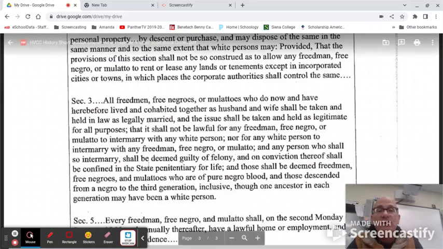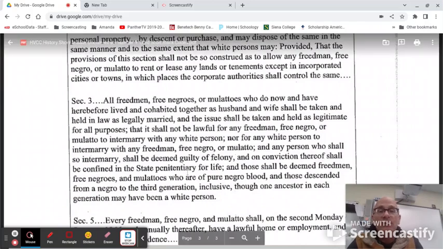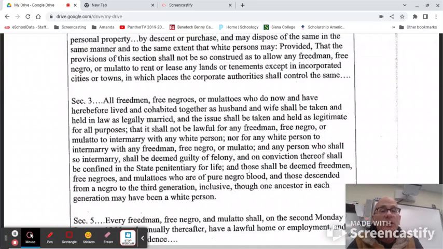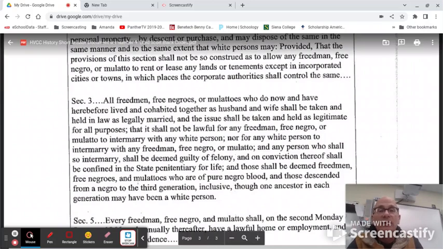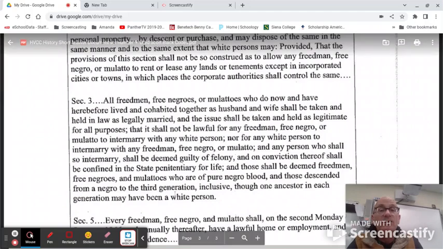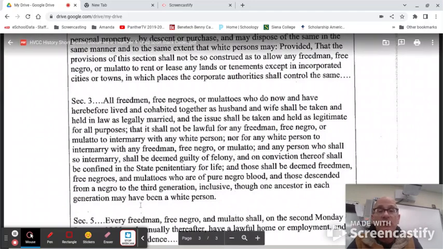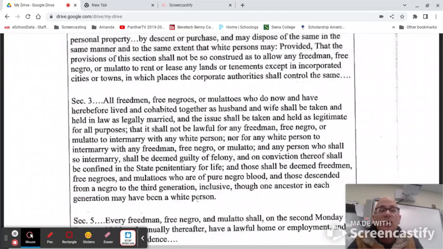And any person who shall so intermarry shall be deemed guilty of felony, and on conviction thereof shall be confined to the state penitentiary for life. And those shall be deemed freedmen, free Negroes, and mulattoes who are of pure Negro blood, and those descended from a Negro to the third generation, inclusive, though one ancestor in each generation may have been a white person.